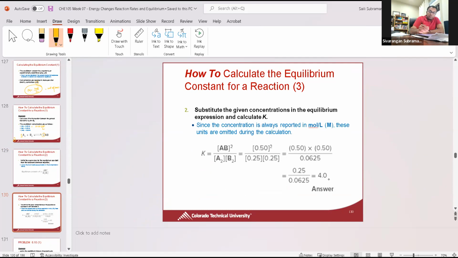So the equilibrium constant for this reaction is 4, which I wouldn't say is significantly greater than 1. It is somewhat greater than 1, or in other words, this reaction A2 plus B2 gives you 2AB. You're going to have about 4 times the concentration of the product AB compared to the concentration of A2 and B2.